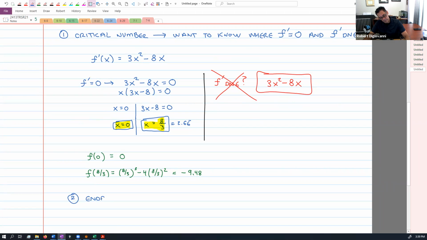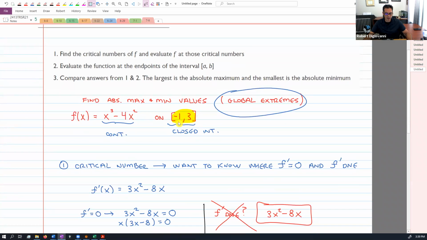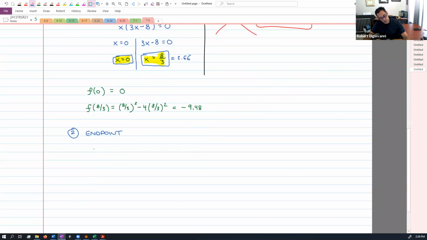Endpoints. I want to evaluate the original function at the two endpoints of the interval. The two endpoints were -1 and 3. So now I'm going to plug in f of -1 and f of 3, into the original function.